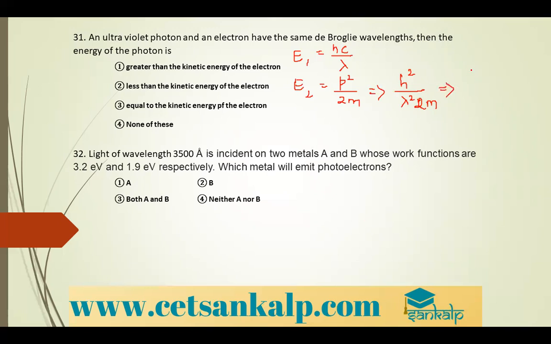So finally h square c square divided by lambda square 2 times m into c square, multiplying. I am going to multiply and divide by c square here. Then E2 by E1 is equal to hc by lambda.